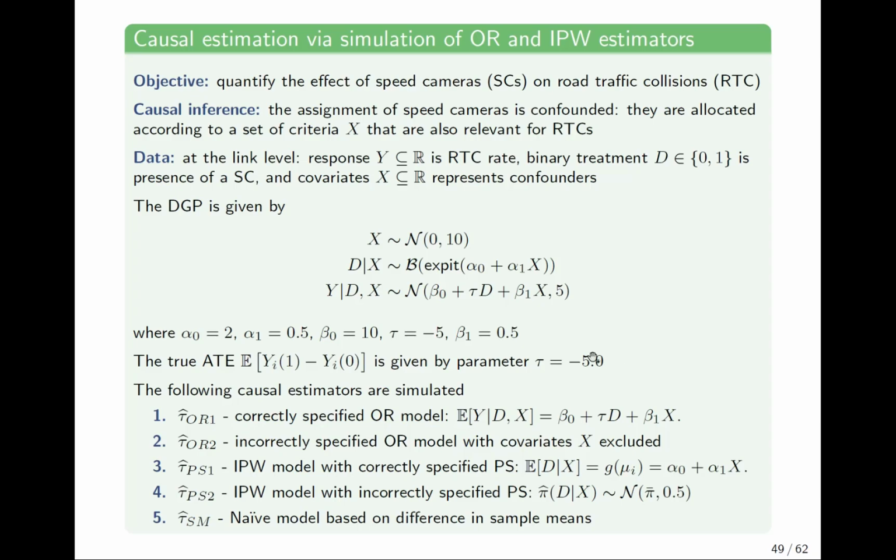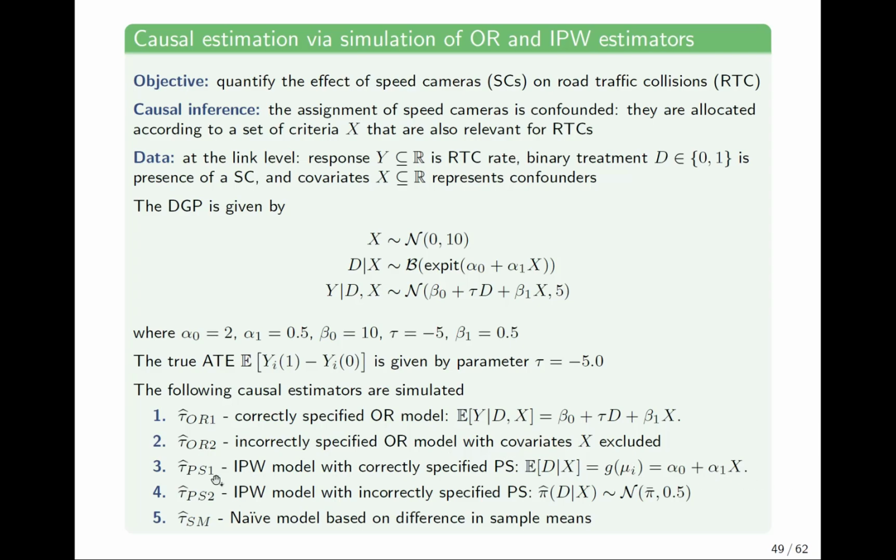And we're going to simulate the following models. First of all, we're going to simulate a correctly specified outcome regression model. So this is an outcome regression that includes both D and X, as it should. Secondly, we're going to simulate an incorrectly specified outcome regression model that excludes covariates X and therefore does not adjust for confounding. Next, we specify an IPW model based on a correctly specified propensity score, estimated using some logistic regression, say.